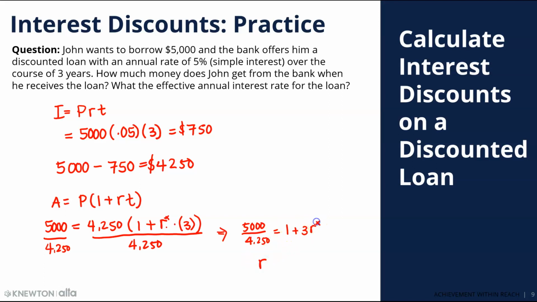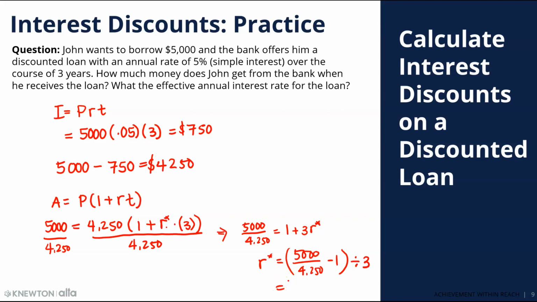And then your R asterisk, that's the effective rate of interest, is equal to 5,000 divided by 4,250 minus 1, and this whole thing will be divided by 3.